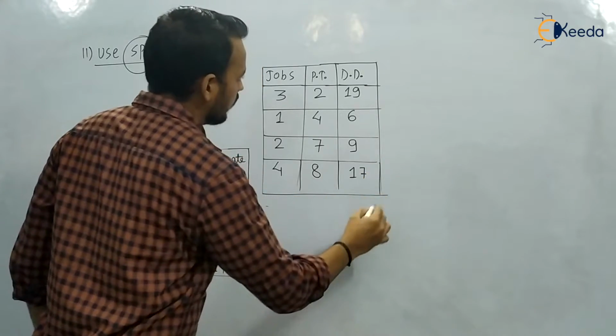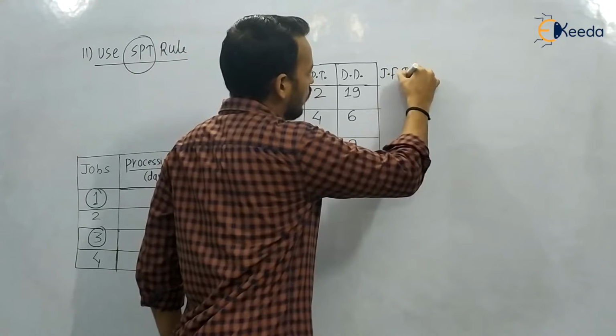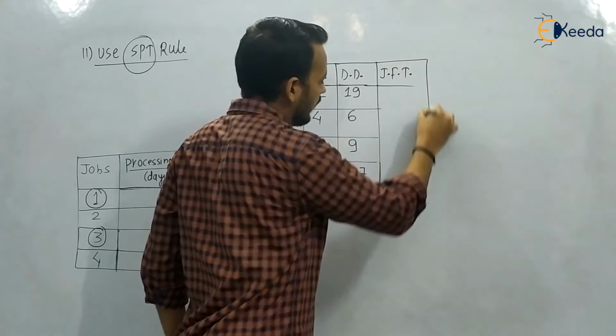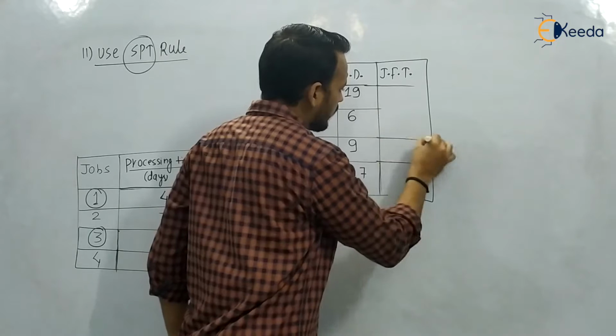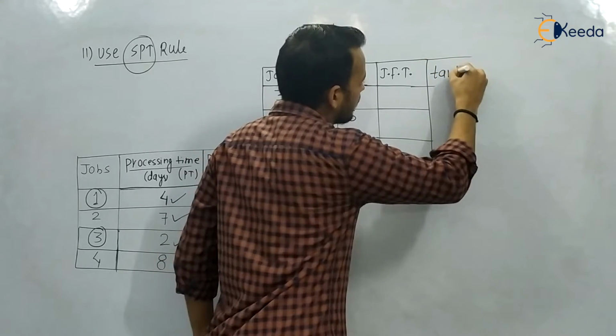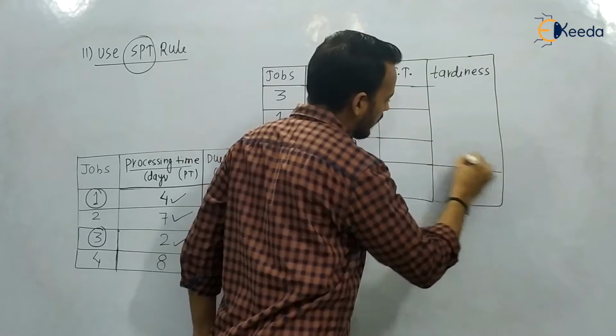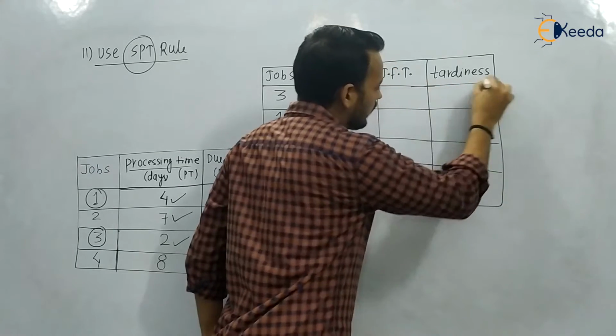Okay, now what we will do, we will calculate the JFT, that is job flow time. We will calculate the job flow time, and in the last table we will calculate the tardiness or lateness. Tardiness or lateness, both things are same, so they are asking about the total tardiness.